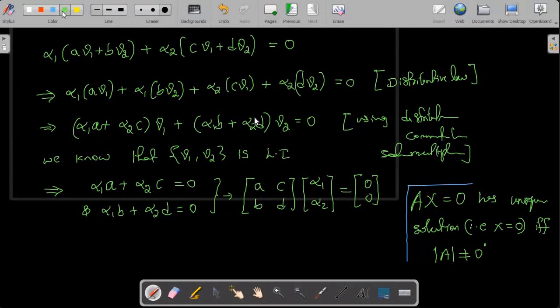So therefore, we can have this alpha 1, alpha 2 equal to 0 provided, so now let me write here, alpha 1 equal to 0 and alpha 2 equal to 0 if and only if the determinant of this matrix, ACBD, is not equal to 0.